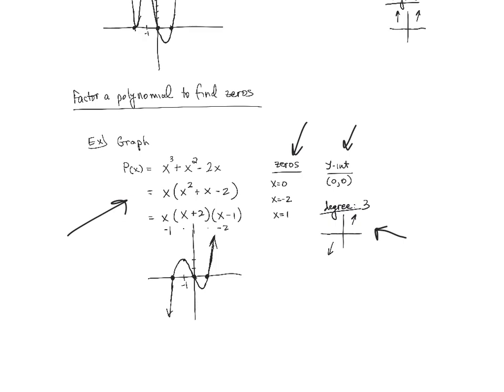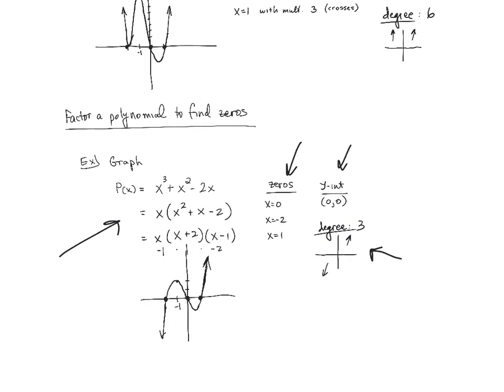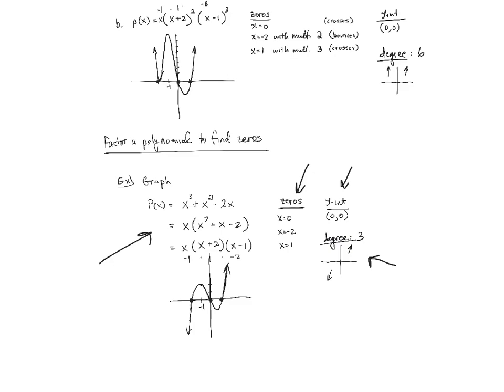If the factors are repeated, then the zeros have multiplicity. If the multiplicity is even, it means that the x-intercept bounces. The graph bounces off the x-axis at that point. If the multiplicity is odd, or if it has no multiplicity, then the graph crosses through the x-axis at that point. So those are some of the key things here to keep in mind when graphing polynomials.